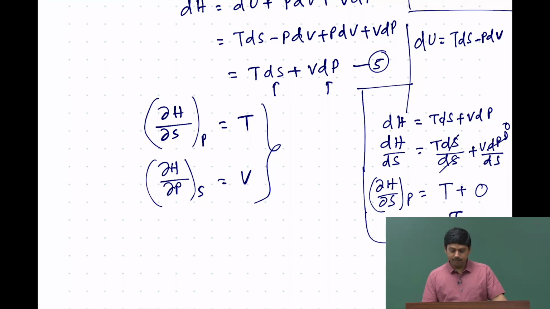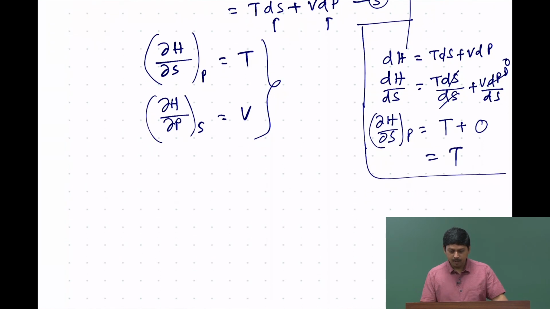Similarly, if we change the entropy of the system and measure enthalpy at a constant pressure, we get nothing but temperature. Some of the things may not seem very physical right now. However, you will see that some of the unphysical quantities can be mapped into something which is physical and measurable, and therefore, we need to know all these thermodynamic relations in order to understand how to calculate each and every quantity.